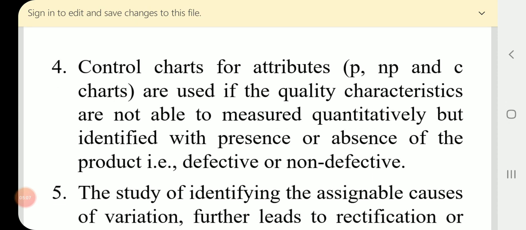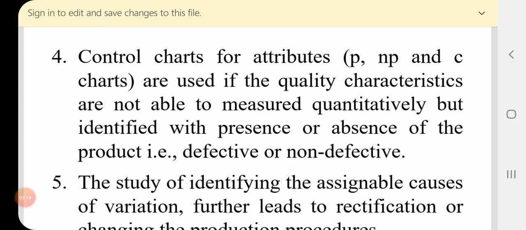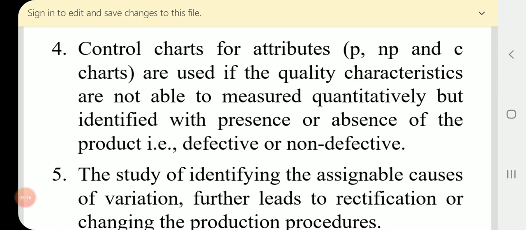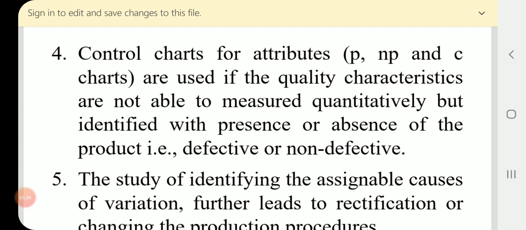Similarly, now control charts for attributes, P, NP and C charts, which are used if the qualitative characteristics are not able to be measured quantitatively, but can be identified with presence or absence of the product. If we want to specify the quality of the item, that cannot be measured.